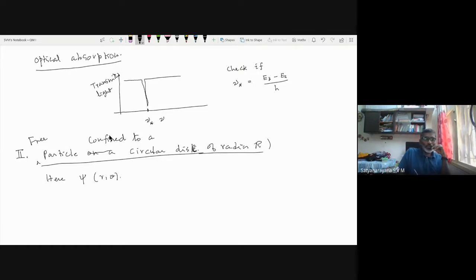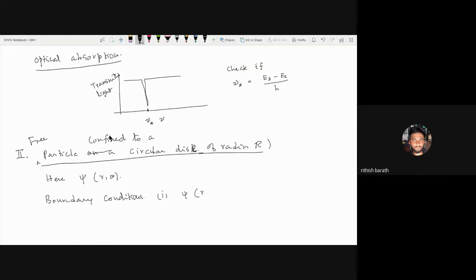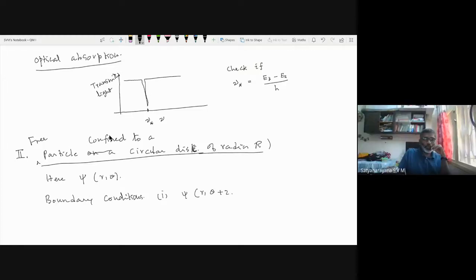Now there are two boundary conditions. The first boundary condition is that psi of r comma theta plus 2 pi should be equal to psi of r comma theta, for any r. That is one condition.